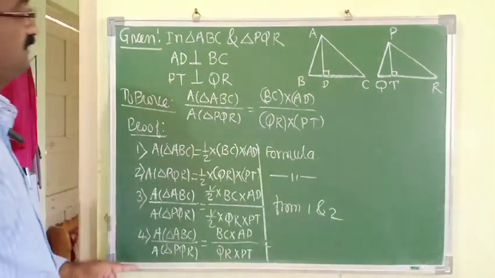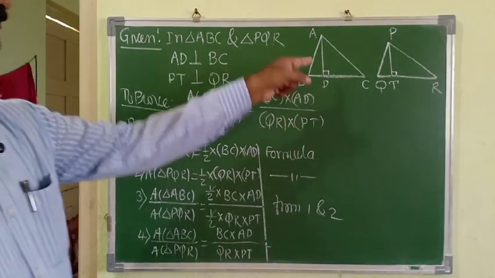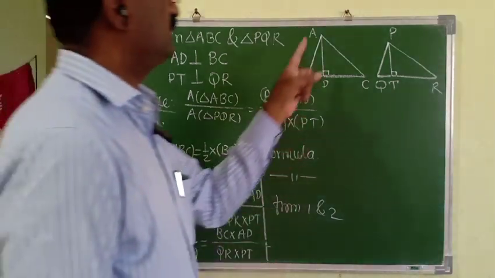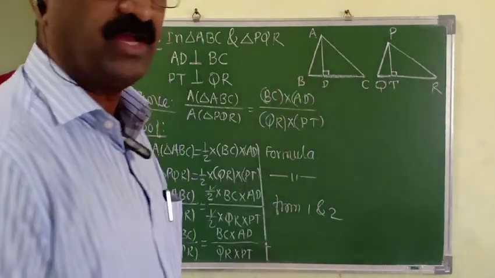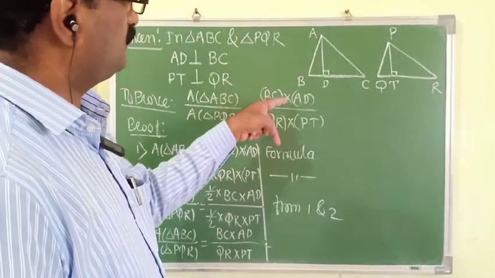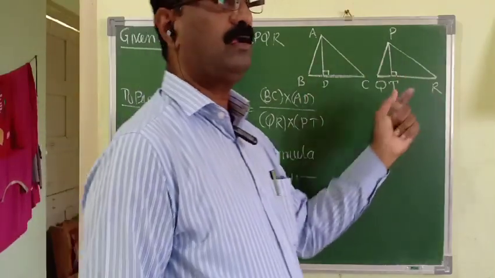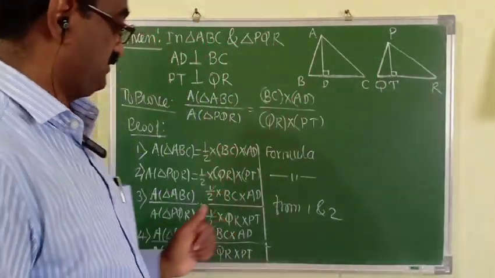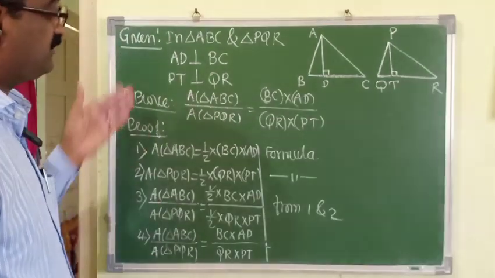So that is the required result. So this is the first property. What is that first property? The ratio of areas of two triangles is equal to the ratio of product of their bases and corresponding heights. AD and PT are the corresponding heights. So write down these things.